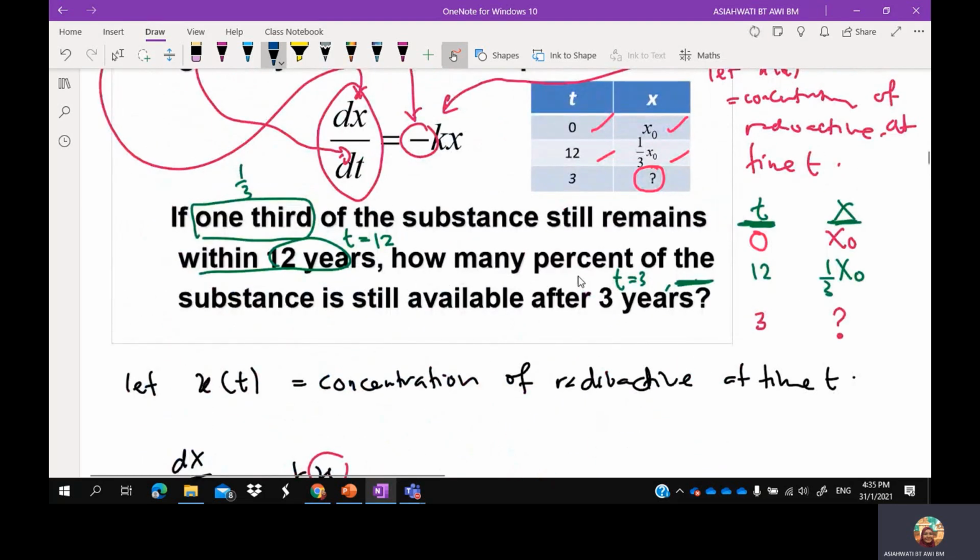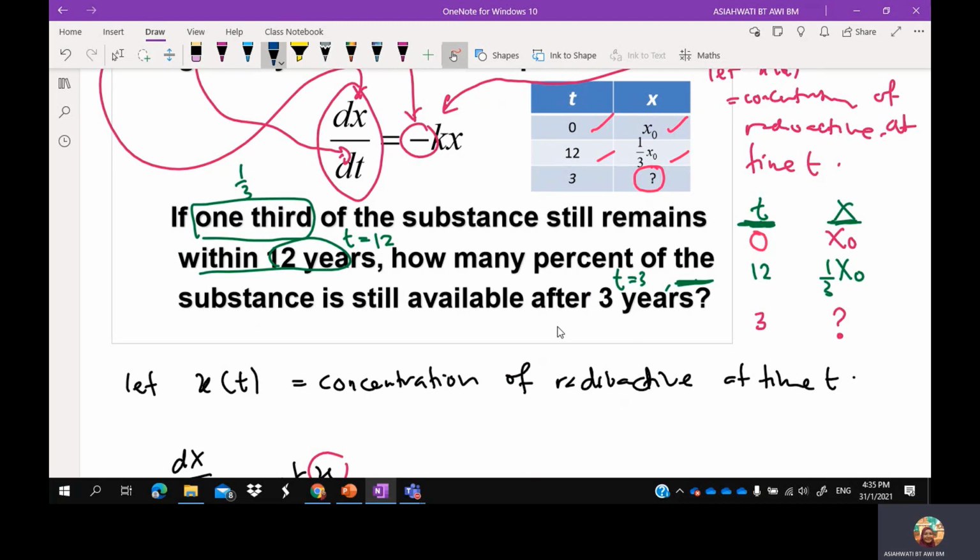When you read the question again: how many percent of the substance is still available after 3 years? After 3 years, how many percent? It means that after 3 years, the amount of the substance you have must be divided by the initial amount, when t is equal to 0.